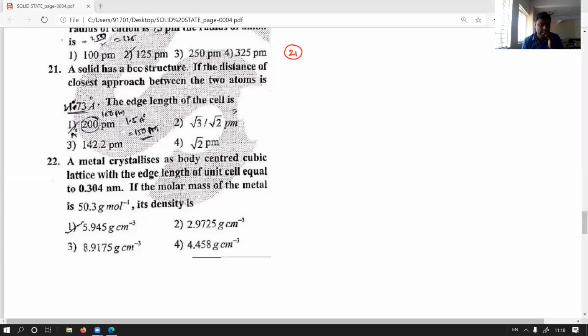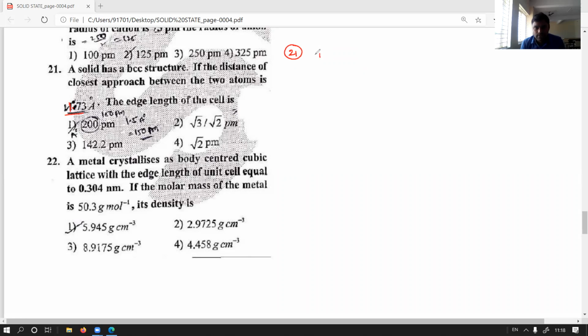A solid has BCC structure, body centered cubic crystal structure. The distance of closest approach, or nearest neighboring distance between the two atoms, is 1.73 angstroms. The edge length of the unit cell they asked.